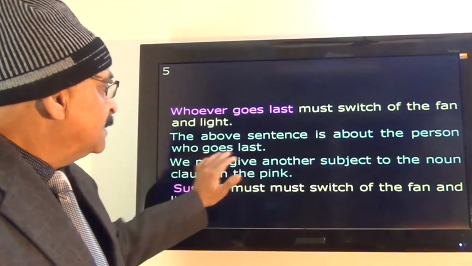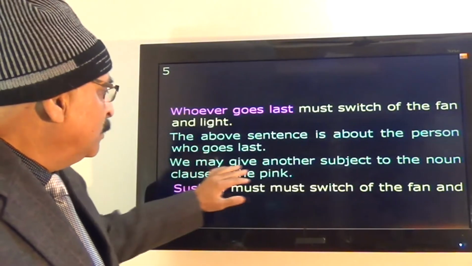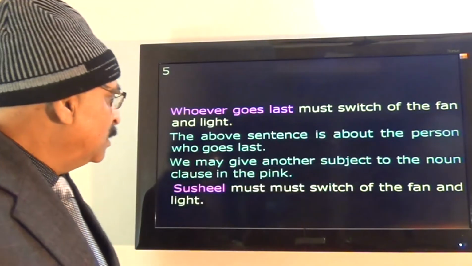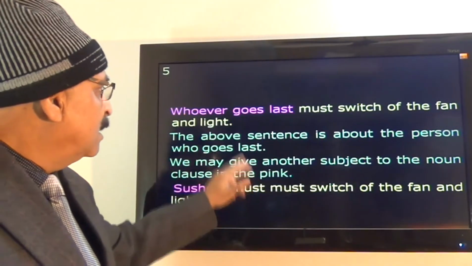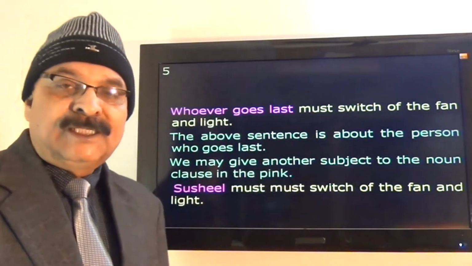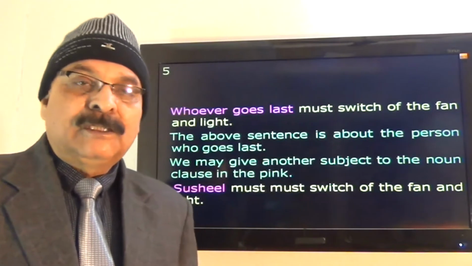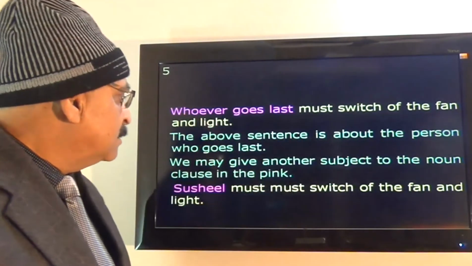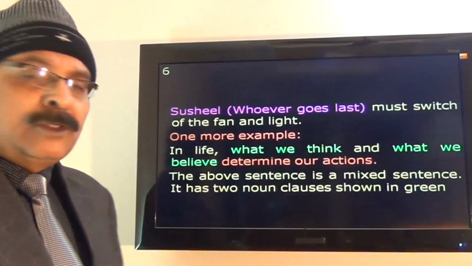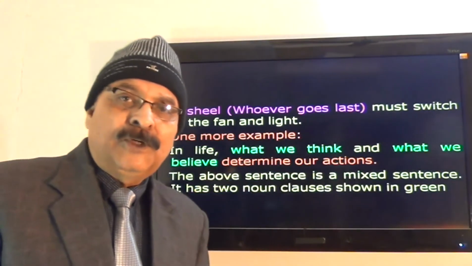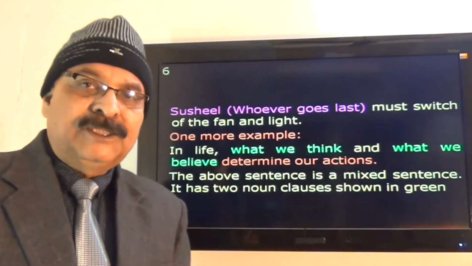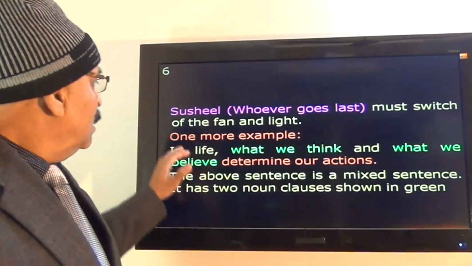So the above sentence is about the person who goes last. We may give another subject to the noun clause. This is the noun clause. You can say Sushil goes. Sushil must switch off the fan and light. So in a noun clause, the subject of a verb, you can replace it with some other subject.